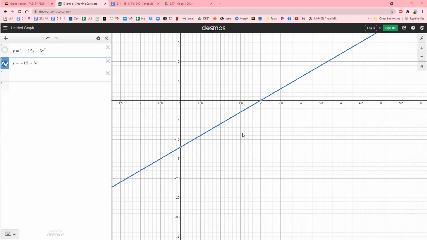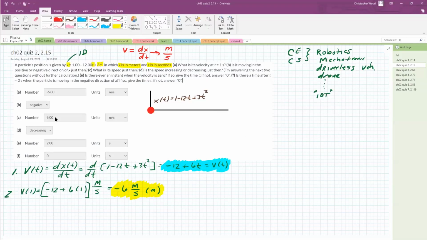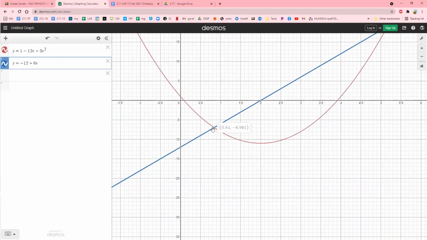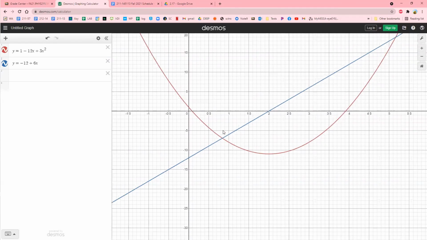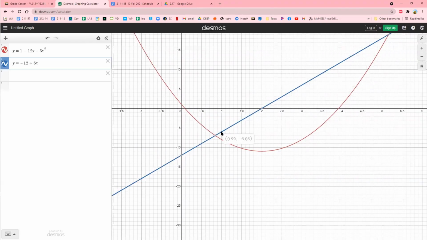If I look at my Desmos graph, I can see that at t equals 1 second right here, my velocity is negative. A negative velocity means I'm moving away from the origin. That's the interpretation I can make.